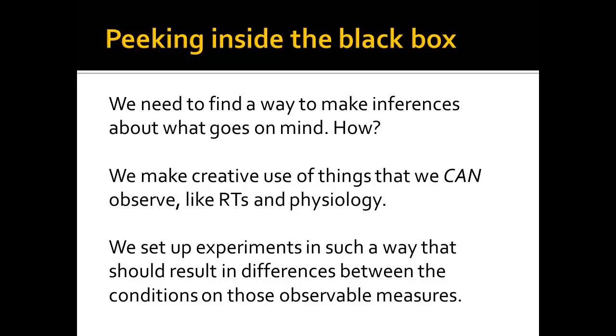Similarly, we can learn quite a lot about things like attention, memory, and perception by the effects that these things have on things that we can observe, like those response times, like those physiological responses. So we hijack these observable measures to learn something about things within the so-called black box.